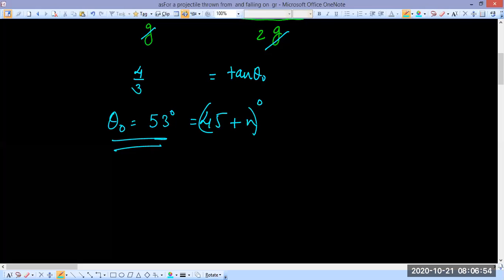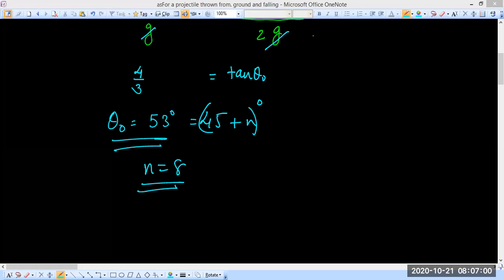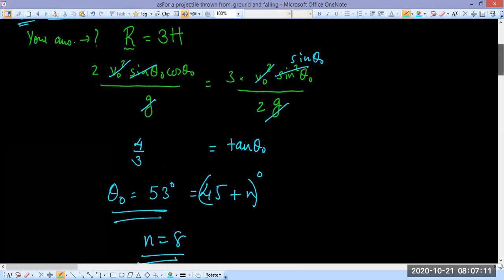So if you compare both sides, clearly n is equal to 8. So congratulations to the people who got 8. Well done. Okay, I hope the method was clear to everyone.